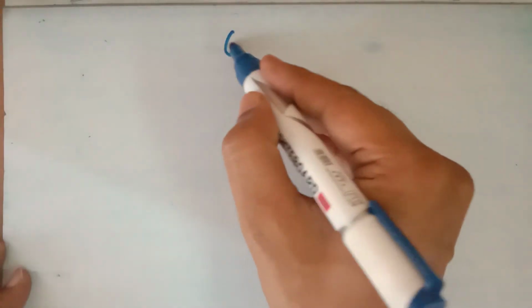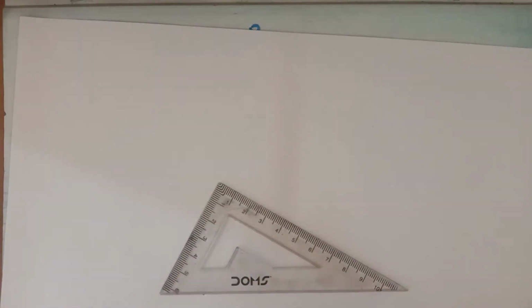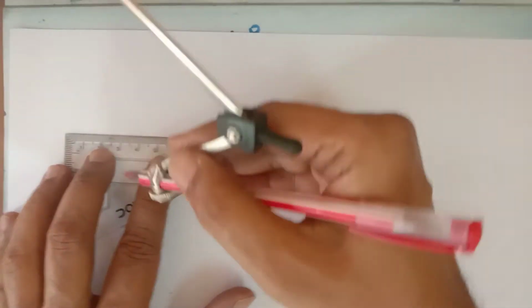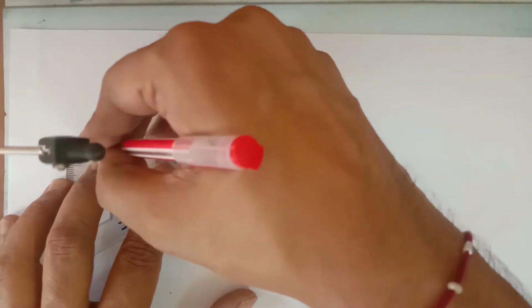So first of all, the 60-degree angle by using the compass and scale. How to draw it? You simply draw a line or a ray using the scale. Draw any ray.